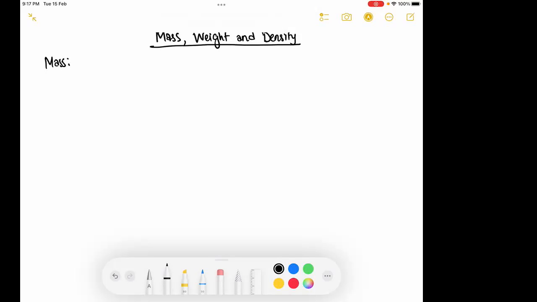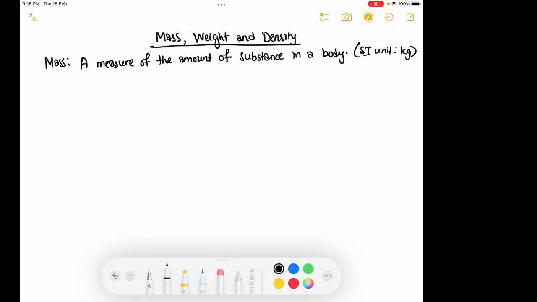Yeah, it's a measure of the amount of substance in a body. We already know the SI unit. It is kilogram.